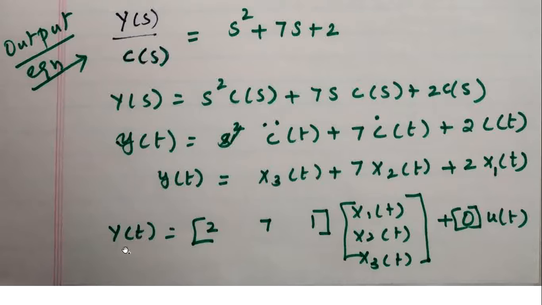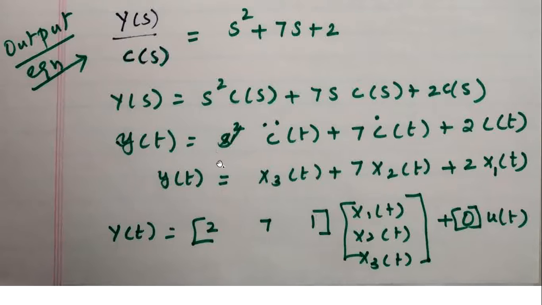So the output equation, y of t, is 2 x1 of t plus 7 x2 of t plus 1 x3 of t, plus 0 u of t, since in this equation there is no u of t. So this is how we have to obtain the state model when we get a transfer function.